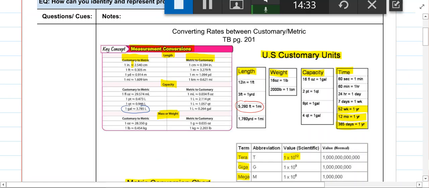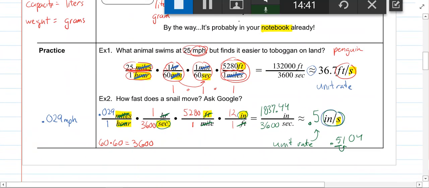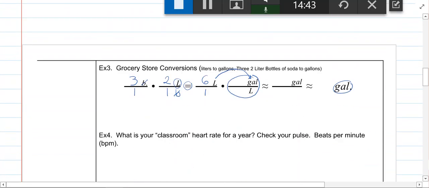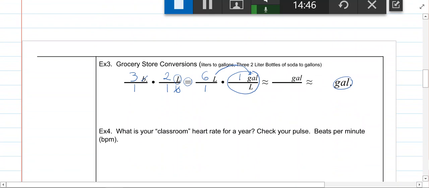We'll use this one right here. 1 gallon is approximately equal to 3.785 liters. So we go down, and we say 1 gallon is approximately equal to 3.785 liters. And now let's check, see if our words cross out liters, and all we have left is gallons, and that's what we're looking for. So we have everything we need.